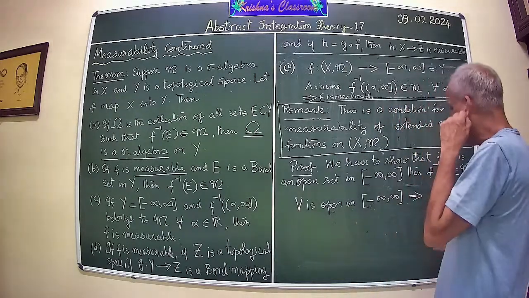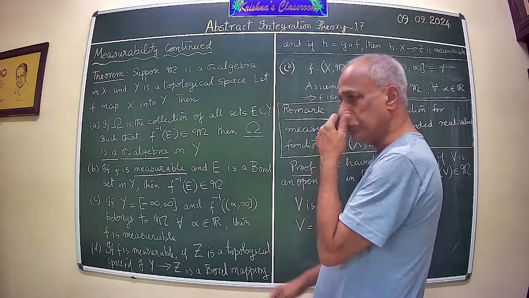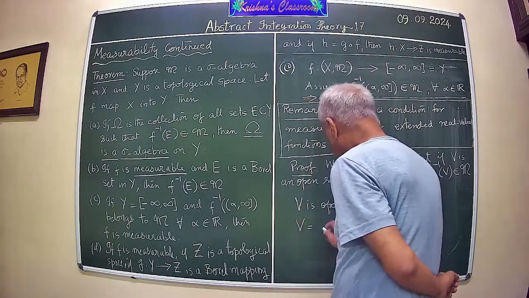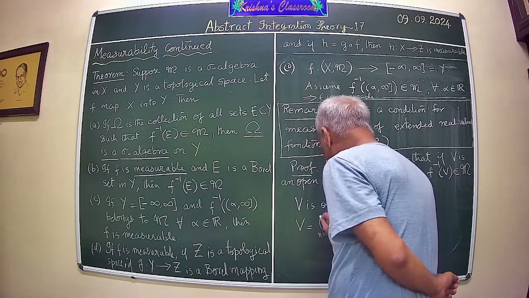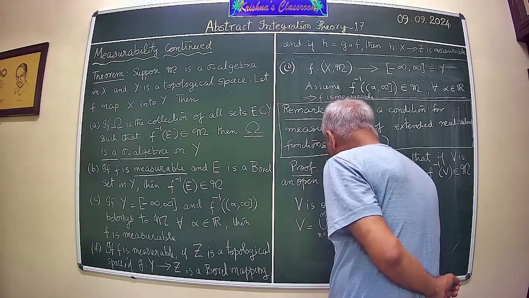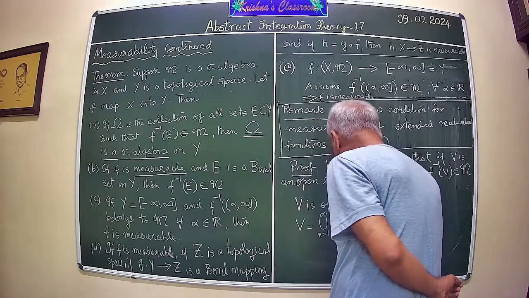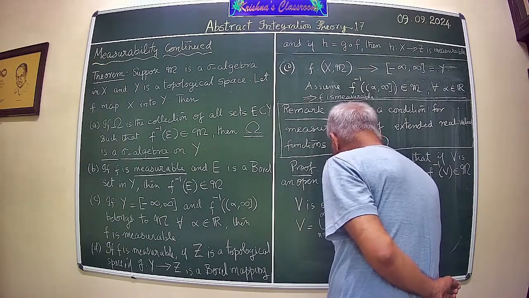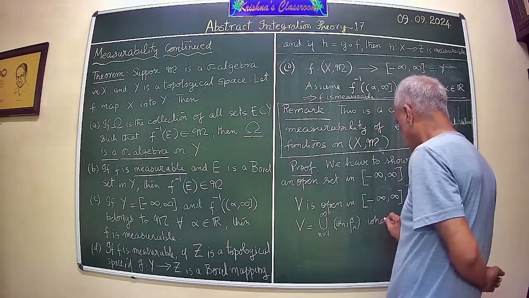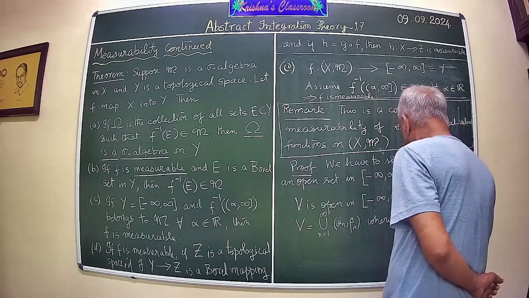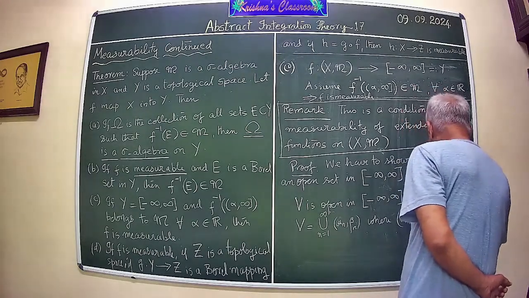Now V can be expressed as a countable union of intervals, where each is an open interval.